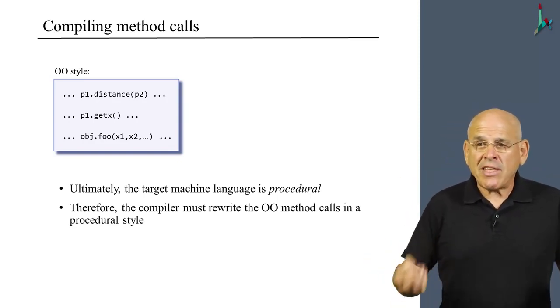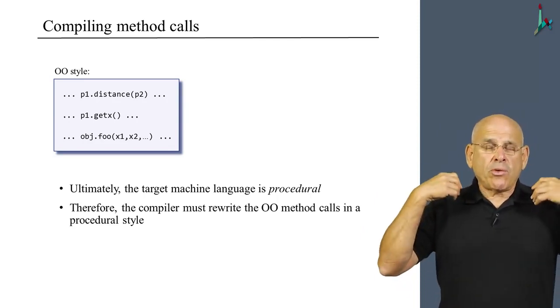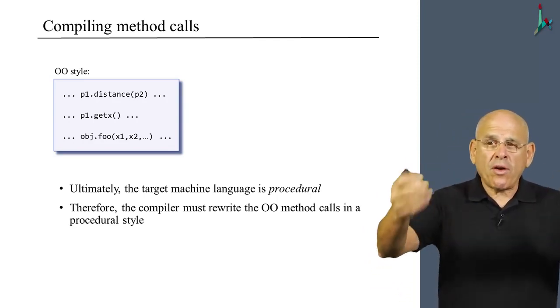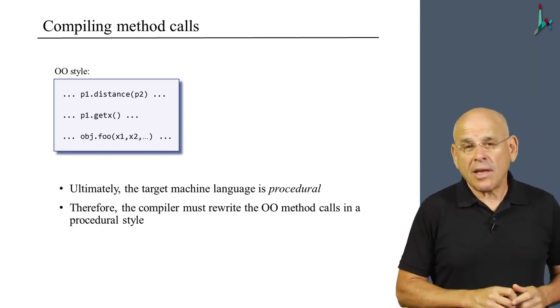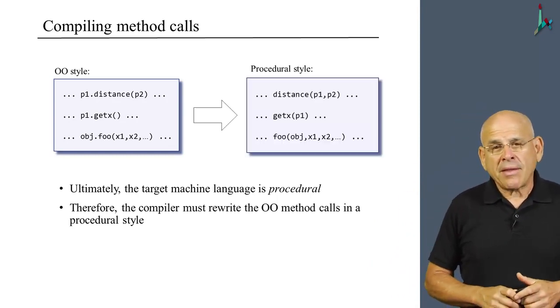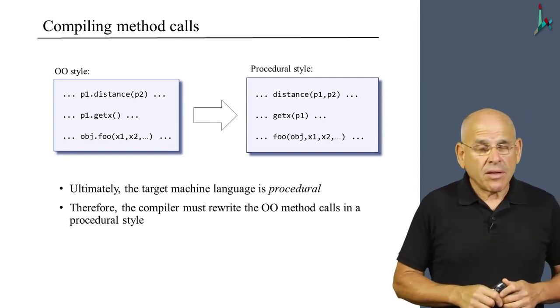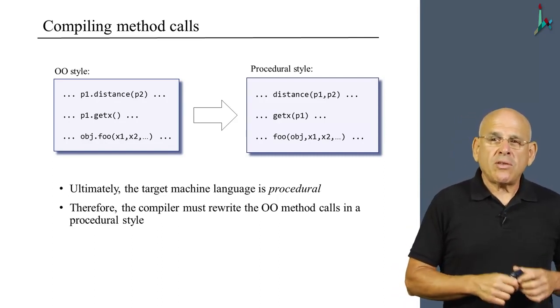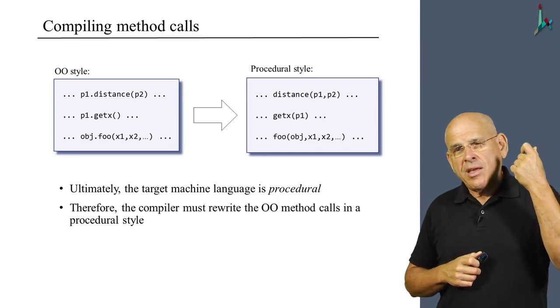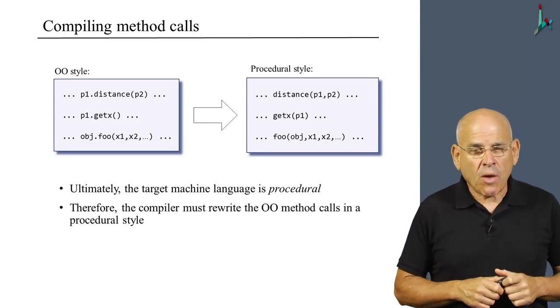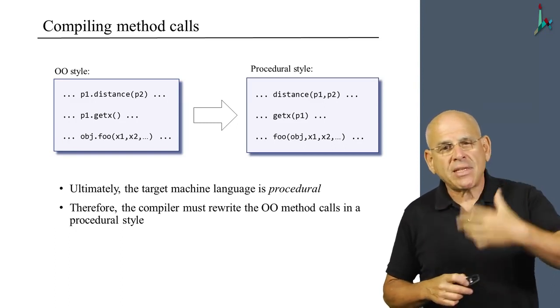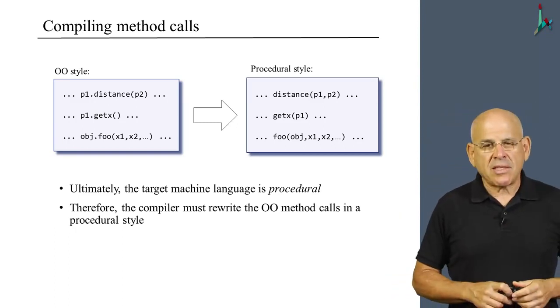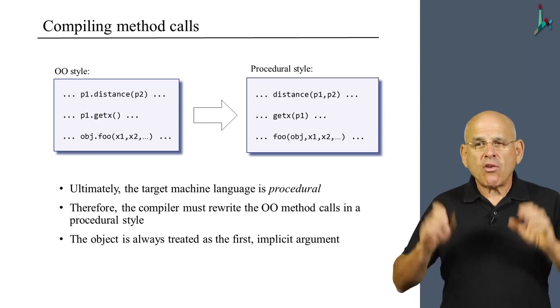And so you're faced with the challenge of transforming the object-oriented lingo, so to speak, into procedural lingo. And here's how you can do it. What you do is you take the object on which you want to operate and you pass it as the first implicit argument to the desired method. That's how you always do it.